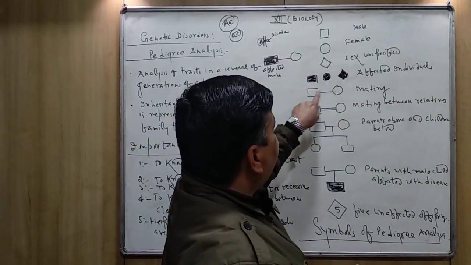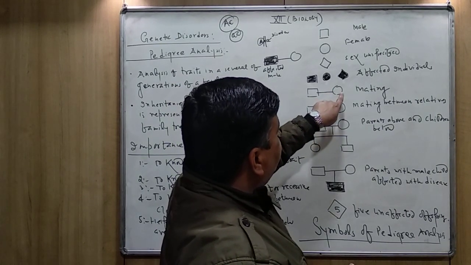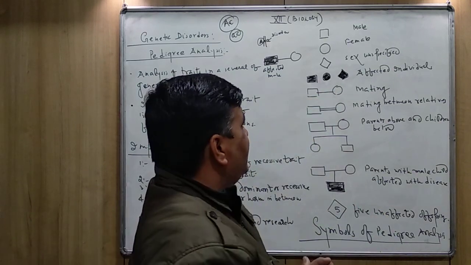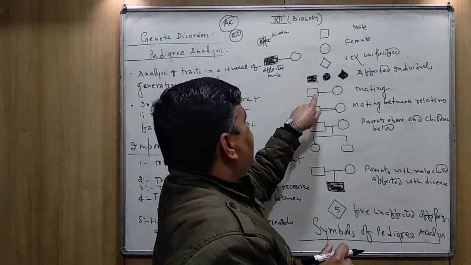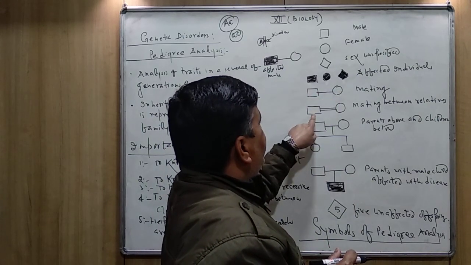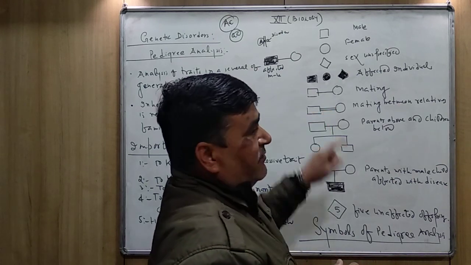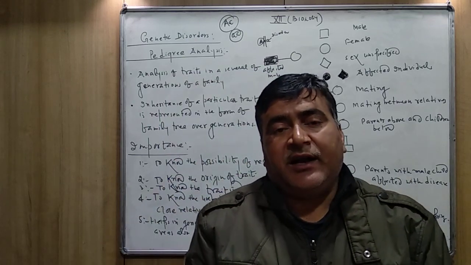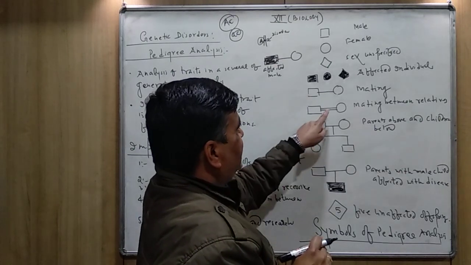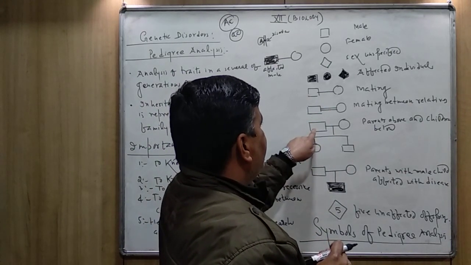Here the male is going to get married with the female, and this indicates the marriage between the male and female. Mating between close relatives, if they are very close to each other, is shown with double lines.